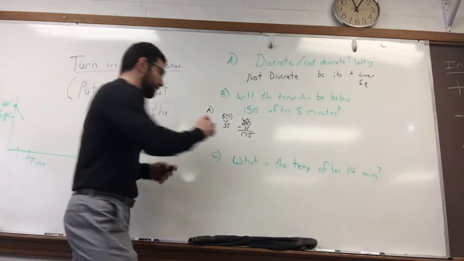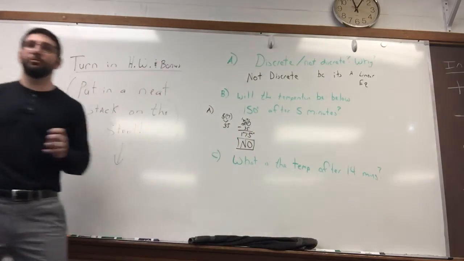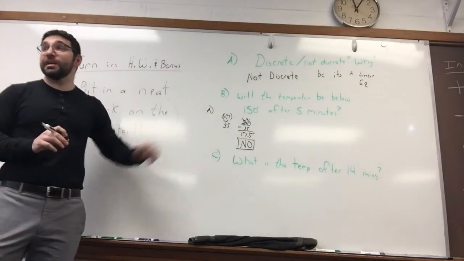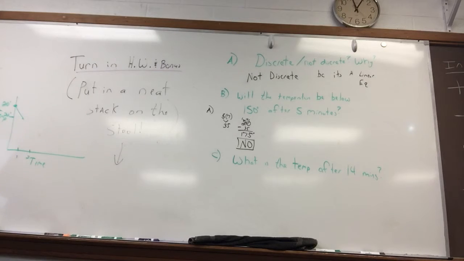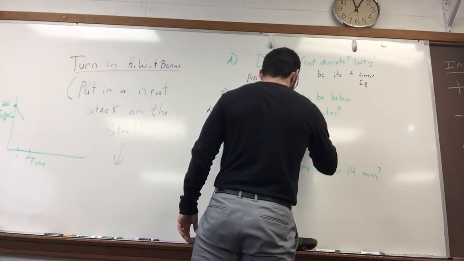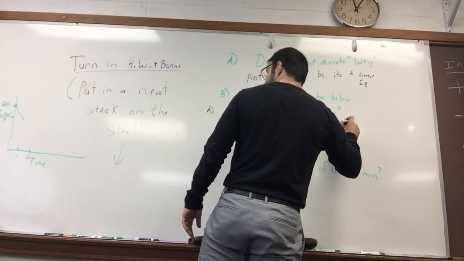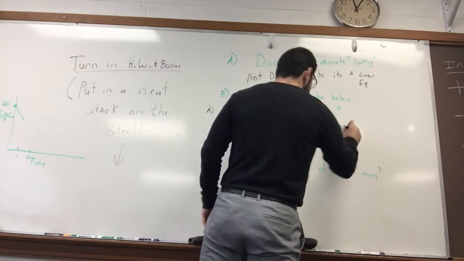So will the temperature be below 150? No. Now, that's not where my mathematical mind goes. I understand and agree that that is a great way to do it, and most students have done it that way. As soon as I've written this equation, I'm going to use the equation. So the way that I would solve this is I have y equals negative 7x plus 210.